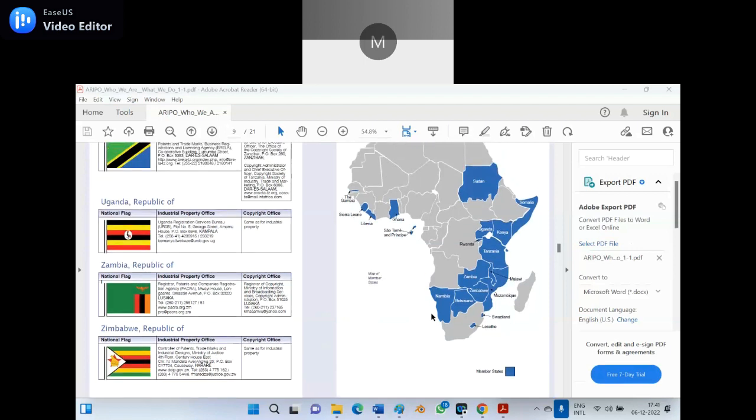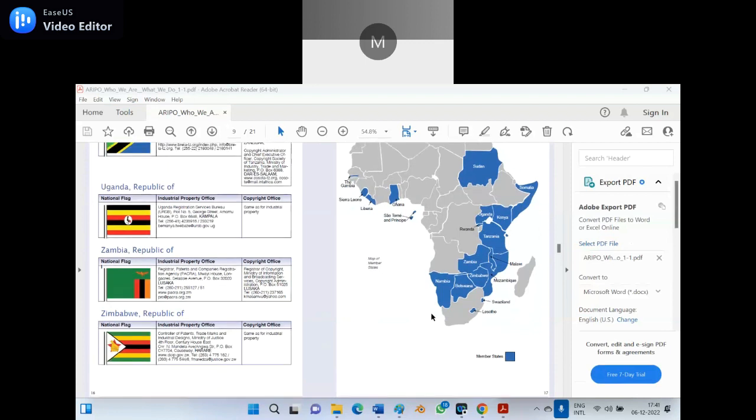And here also you can see the countries whose names are given, which we already discussed. From the bottom we can see Lesotho, Swaziland, Mozambique, Botswana, Namibia, Zimbabwe, Zambia, Malawi, Tanzania, Kenya, Uganda, Rwanda, Sao Tome and Principe, and Ghana, Liberia, and Sierra Leone, the Gambia, and Sudan.